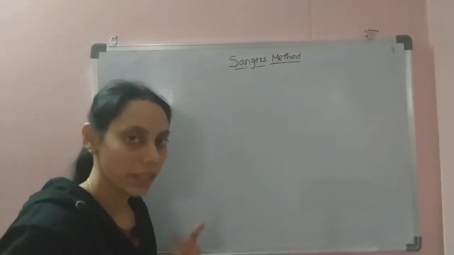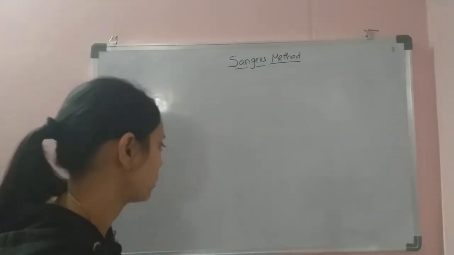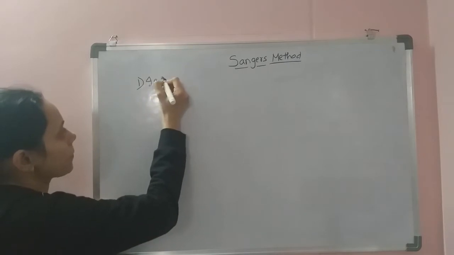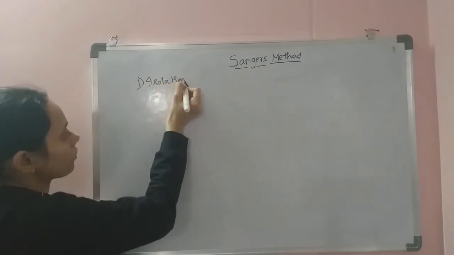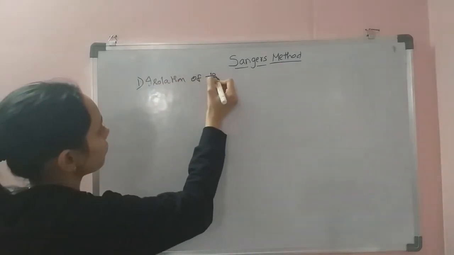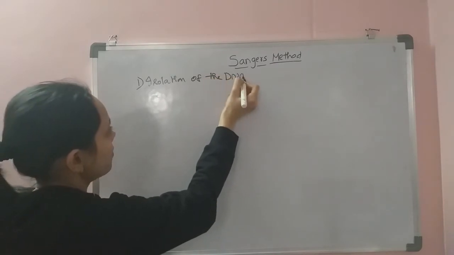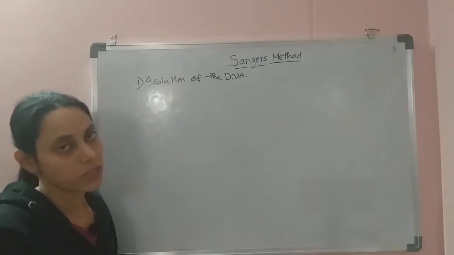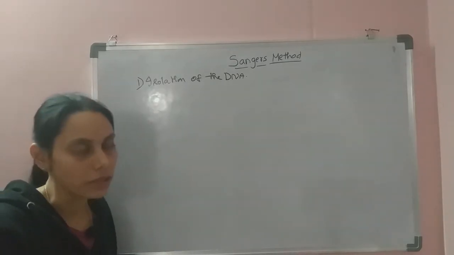Coming to the detailed procedure of Sanger sequencing, first we need to isolate the DNA. To do anything with sequencing, first we need to have DNA in our hands.